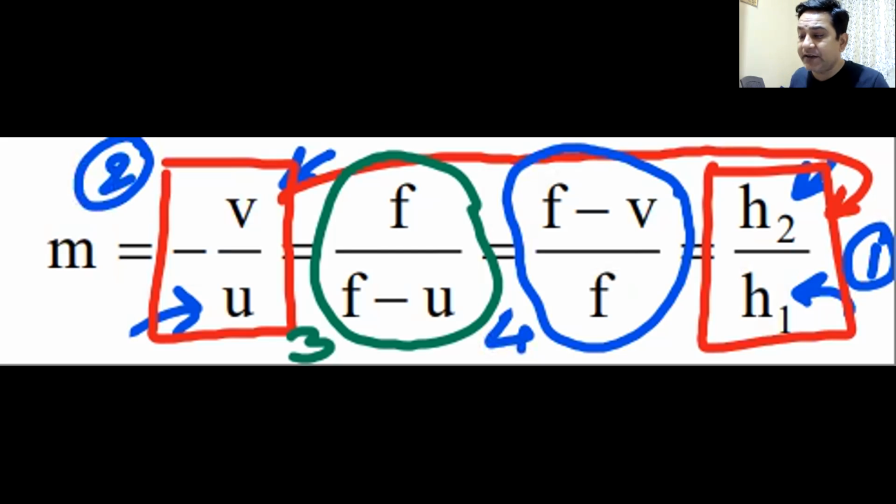Remember, they are not independent formulae. They are the same formulae written in different ways. If you can remember all 4 of these, you would be able to solve questions more swiftly, more quickly, and that is what your exam is all about. I'll give you a minute to note this down.